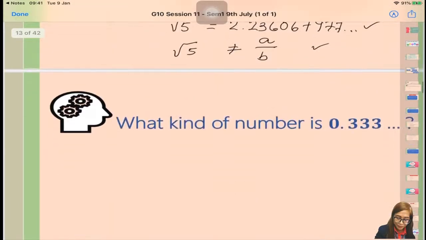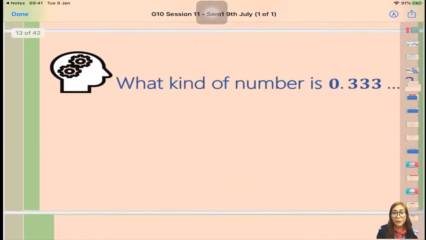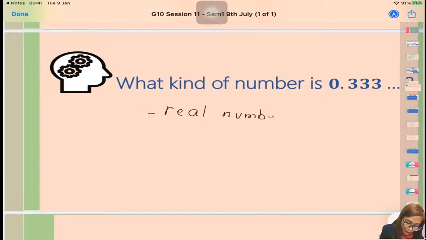Next, how about 0.333? So let's have 0.333. What kind of number is it? If you answered that way, that's correct. Let's see. 0.333 is a real number. It's classified as a real number.